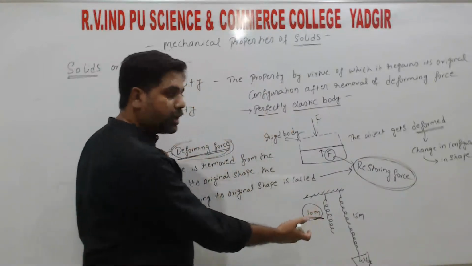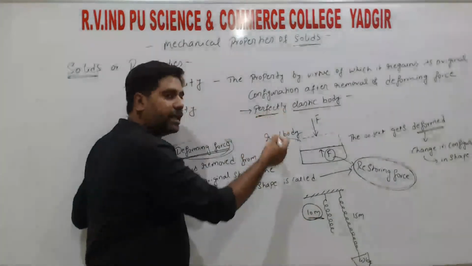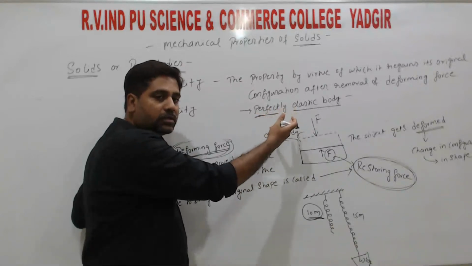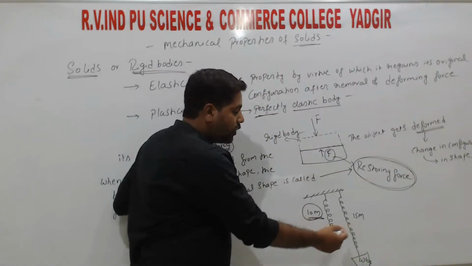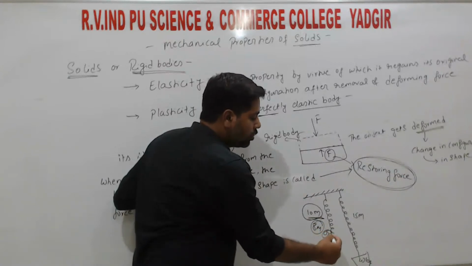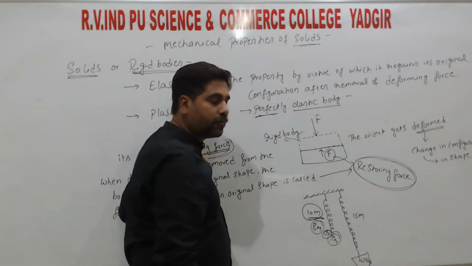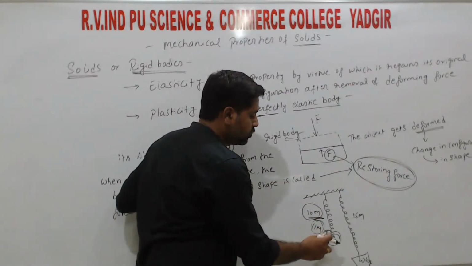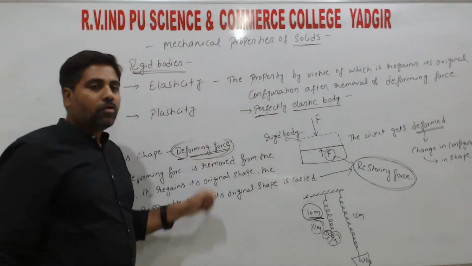But in many cases, in nature we are not getting exactly perfectly elastic bodies. In nature we don't find any perfectly elastic bodies, right. So the length is 10 meters, after removing the deforming force, we get around 8 meters or around 9 meters, or 11 meters. So the length changes, it may increase slightly or decrease slightly from the original length.